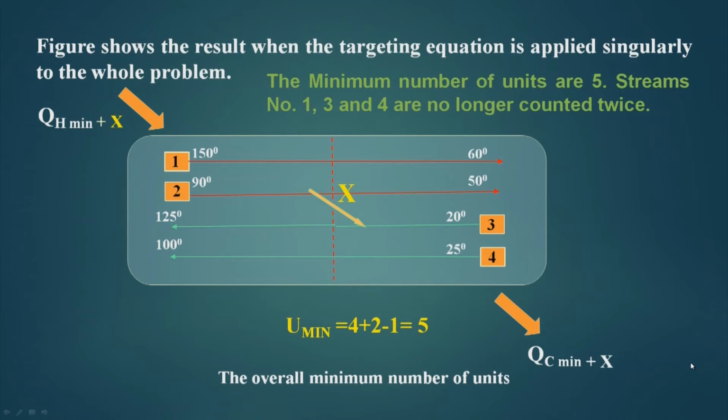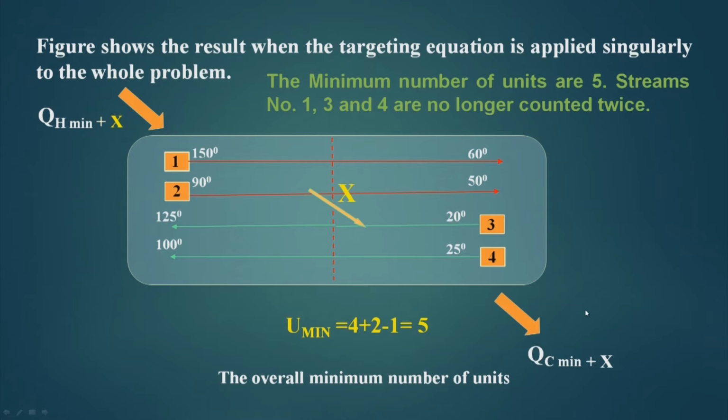The first loss which I encounter is the increased utility cost from increasing the amount of utility. The second thing is that to pass this x amount of heat and to receive this x amount of heat in the cold utility, we have to provide area.